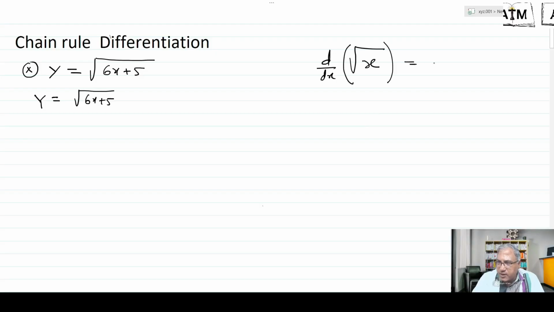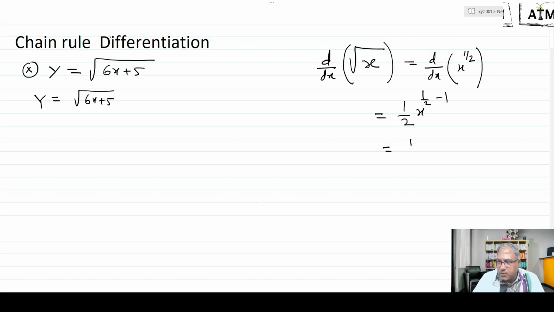Root x can be written as x raised to 1 by 2. Derivative of x raised to 1 by 2 is 1 upon 2 x raised to 1 by 2 minus 1, that is 1 upon 2 x raised to minus 1 by 2, which equals 1 upon 2 root x.